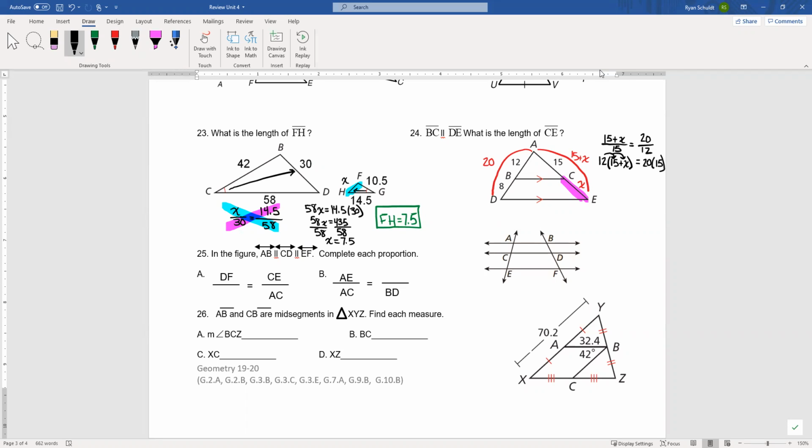So 12 times 15 is going to be 180 plus 12x equals 15 times 20, which equals 300. Let's subtract 180.